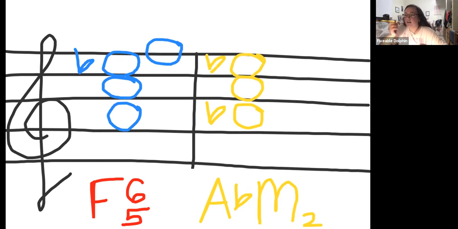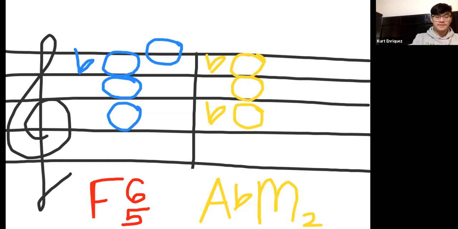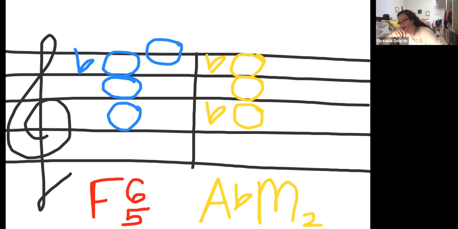And then what's our seventh here, if we're in a major seventh chord? G flat. Yes. Okay. Right? Wait a second. I'm gonna look because I don't wanna say something and have it be wrong. Major.